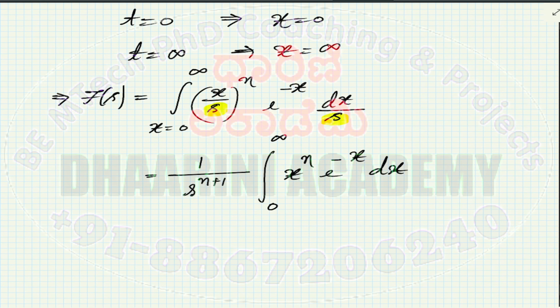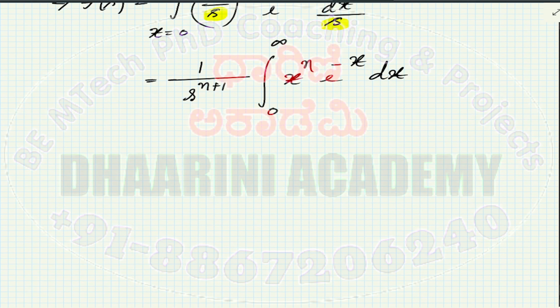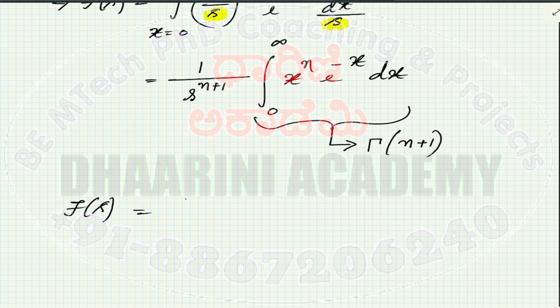Okay, now this is a very standard integral. We already have covered the beta and gamma functions in our video lecture series. So you can note that this function is nothing but a gamma function, gamma of n plus 1. So what happens now? The whole function reduces to, the Laplace transform is gamma of n plus 1 divided by s to the n plus 1, is the final answer.